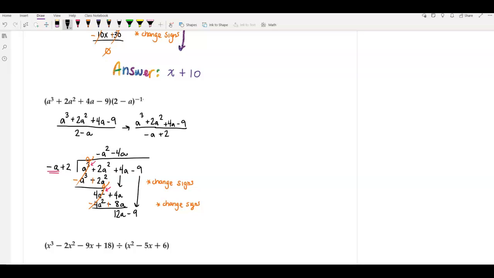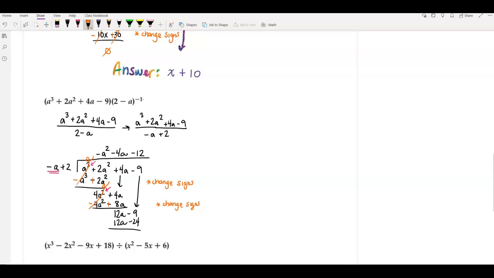So now, what do I need to multiply negative a by to get positive 12a? Well, we get negative 12. All right, so now let's do this. Negative 12 times negative a is positive 12a. Negative 12 times 2 is negative 24.